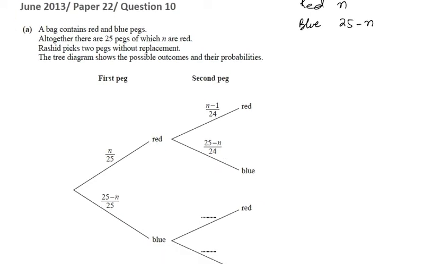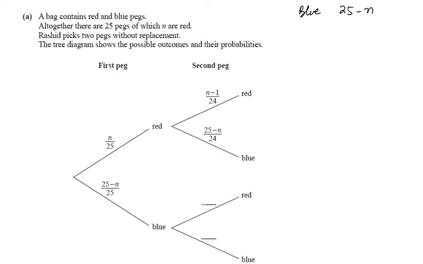Here, for red and red it is filled, for red and blue it is filled, for blue it is also filled. Now if the first one is blue and we are picking the second bag and it is red, as we know that we have n red bags, in the numerator we will write the total red bags, so it's n, and in the denominator we will reduce 1, so it is 24.